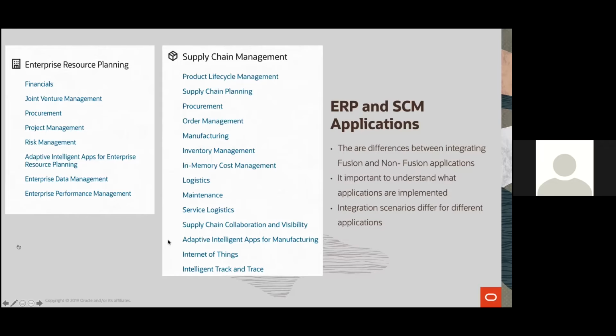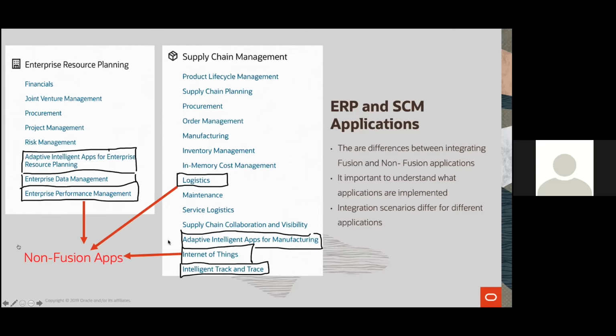Now, the reason why I'm showing you this, and some of you may already be aware, is that when we talk about Oracle ERP and SCM, and mainly for this presentation, we'll be talking about what we call the Fusion application suite. The majority of these applications belong to the Fusion application suite, but there are a few, like what I call out here, that are non-Fusion apps. What I mean is they are not built on the same framework and platforms. So when we talk about best practices here, the main focus is Fusion, which is essentially a 600-pound gorilla.